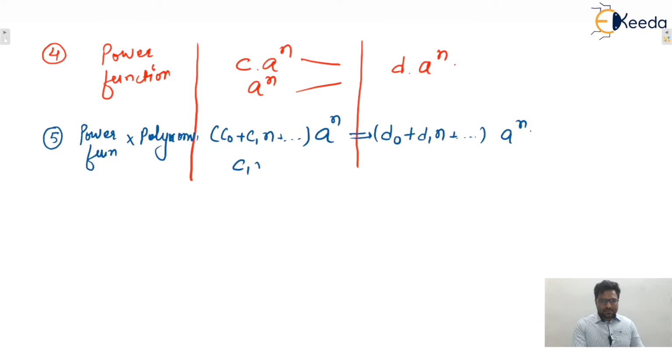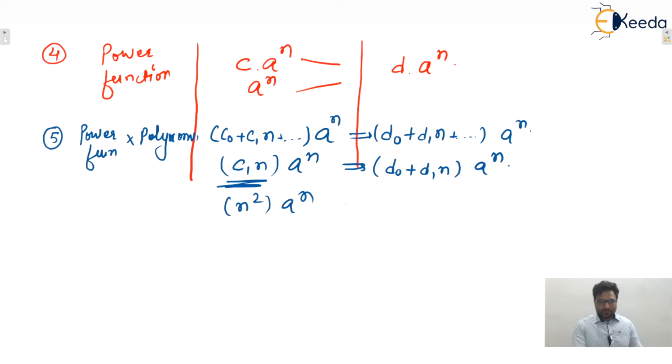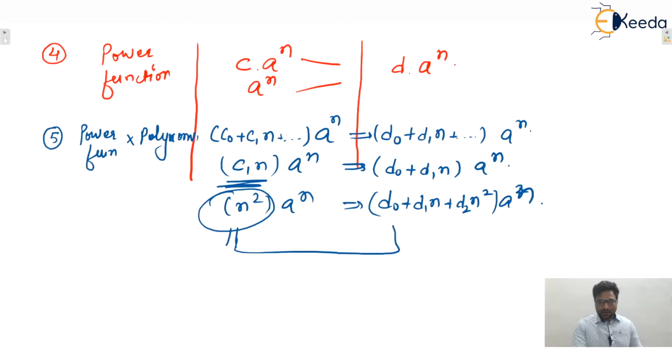If it is linear, we write d naught plus d1 n, into a power n. If it is quadratic, then it will be d naught plus d1 n plus d2 n square, into a power n. Remember this one: if it is quadratic, the particular solution will be this only, and a power n will remain as it is.